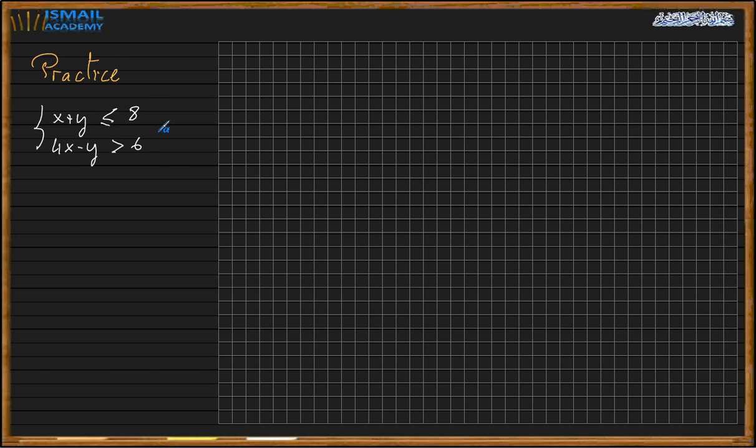If you saw the video, for the first inequality we are going to draw a solid line, and for the second one it is going to be a dashed line. So I will draw the first one.